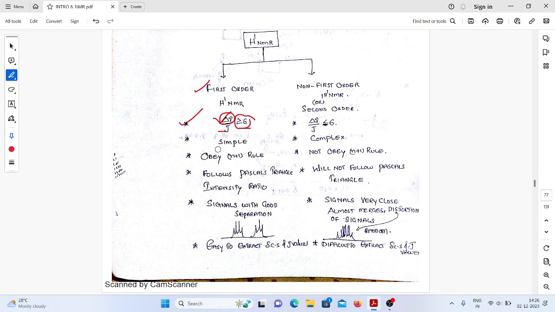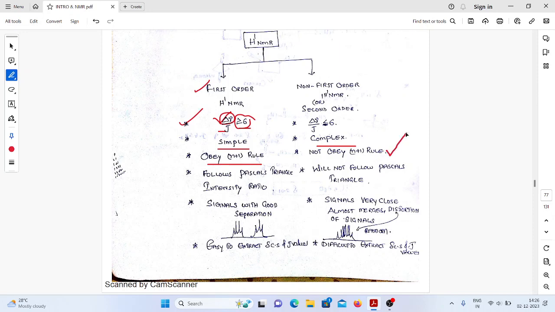How will the first order spectra appear? It is in simple form. The non-first order spectra is in complex form. The first order spectra follows the n plus 1 rule. Multiplicity we have discussed, right? The number of lines in a proton NMR signal is commonly called multiplicity. So multiplicity can be calculated by using the n plus 1 rule.